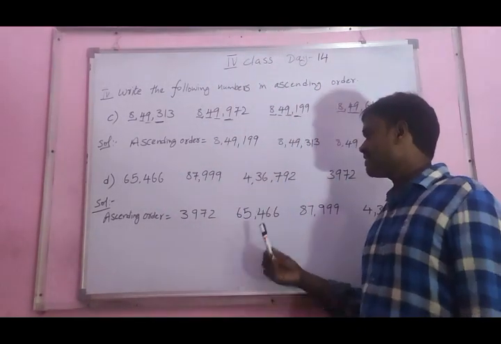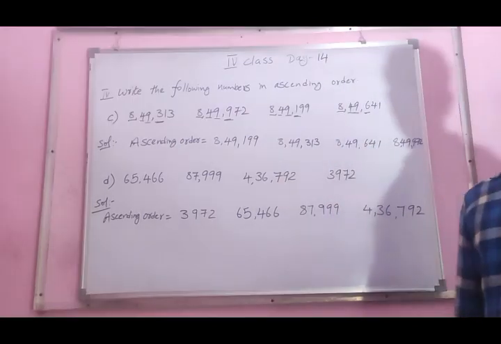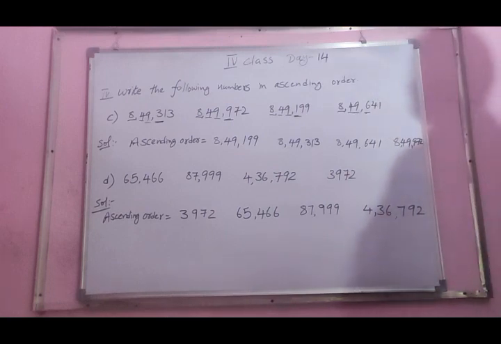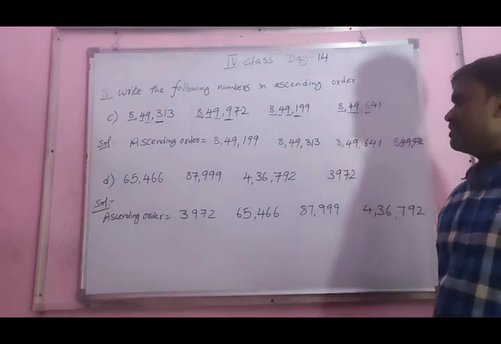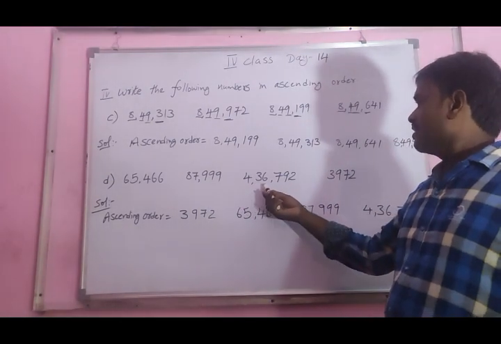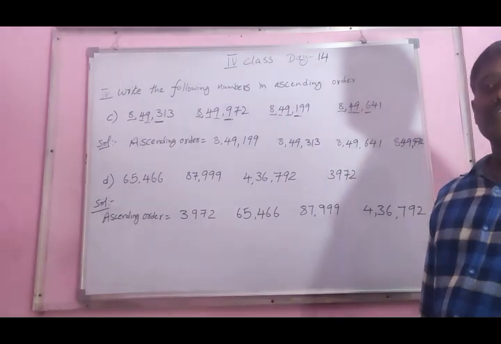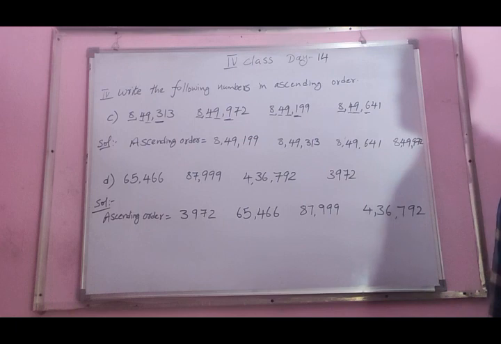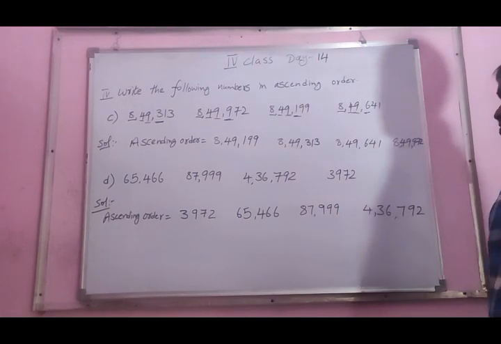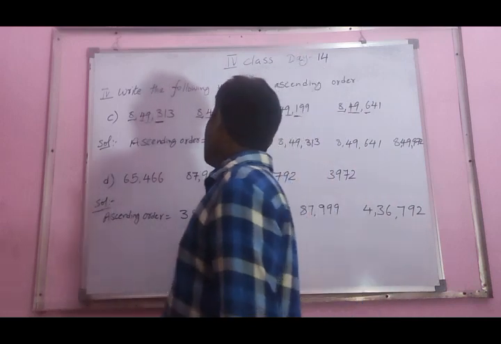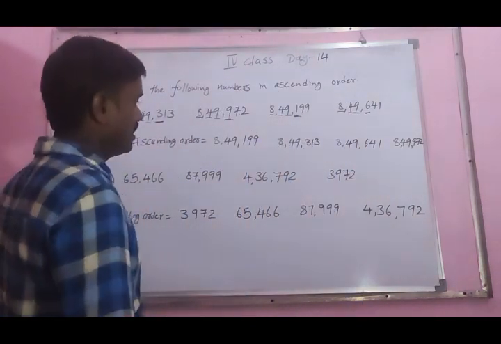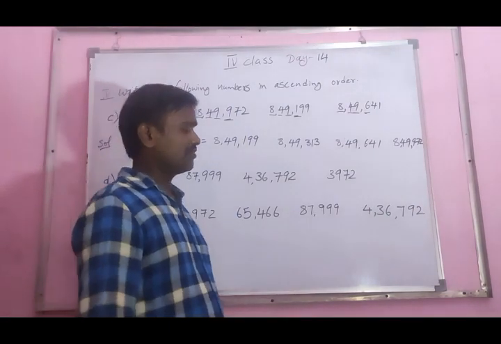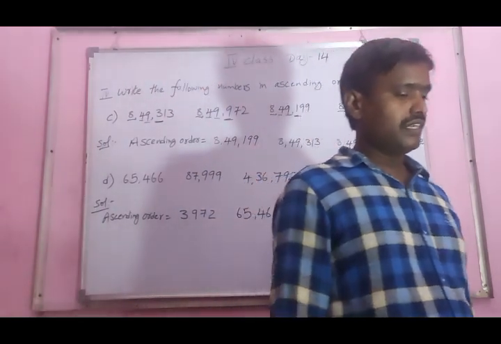So second number is 65,466. Next one 87,999, because this number has 5 digits, this number has 6 digits. We know that a 5 digit number is smaller than a 6 digit number. So third number is 87,999. Finally, fourth number is 4,36,792. Do you understand?